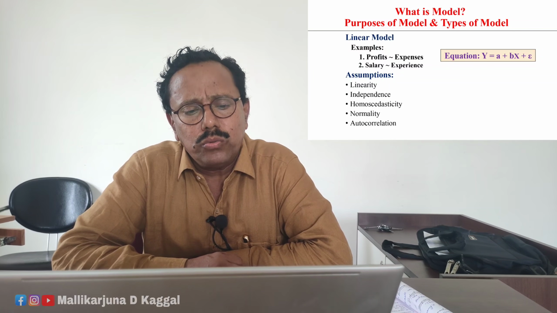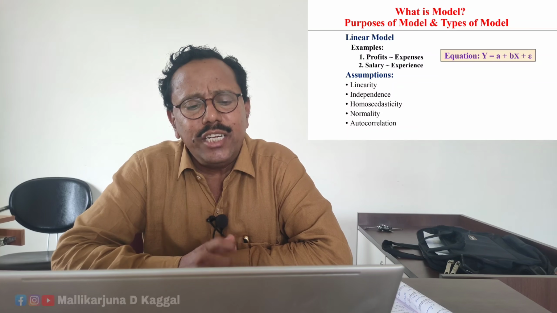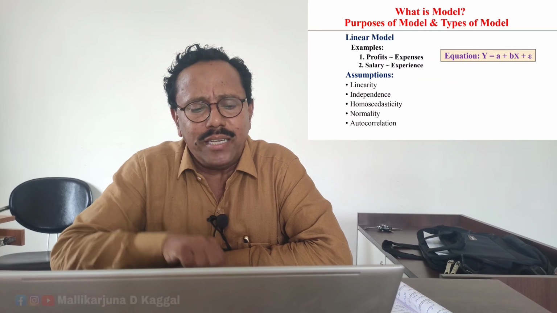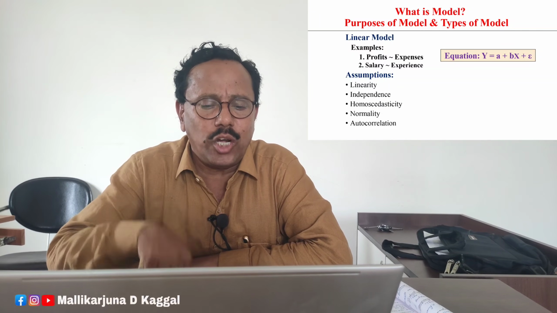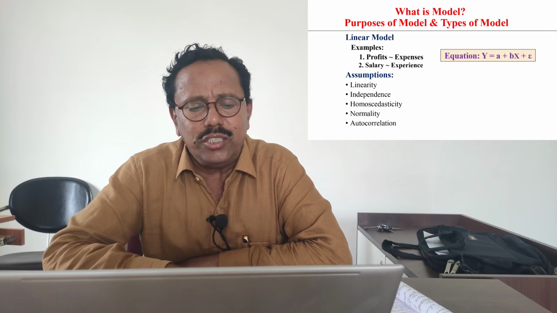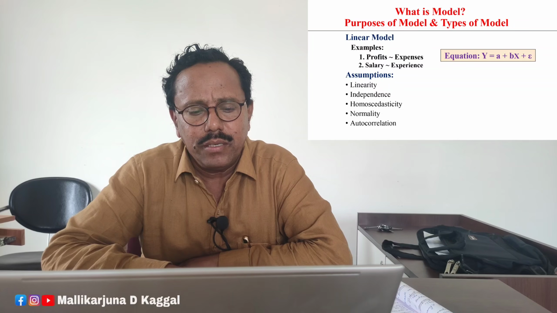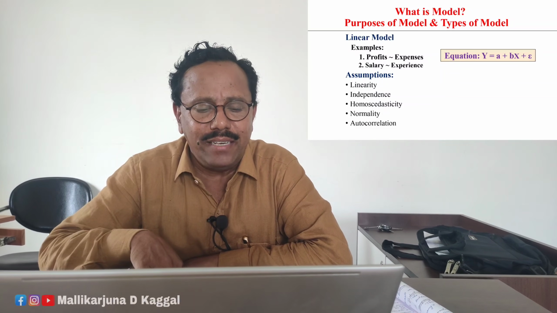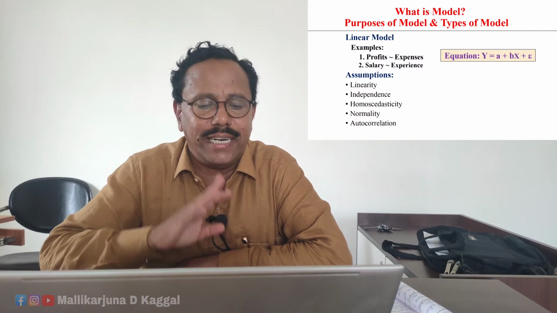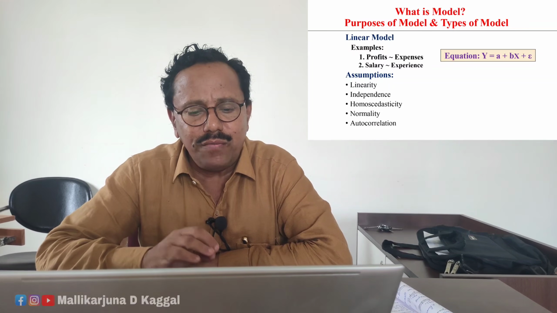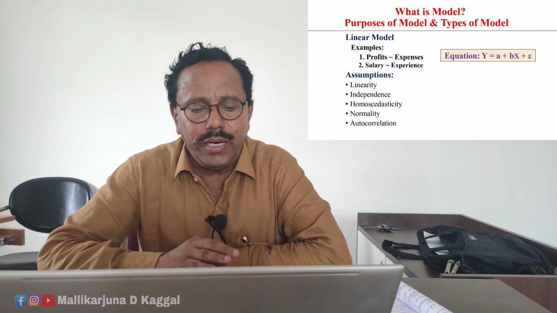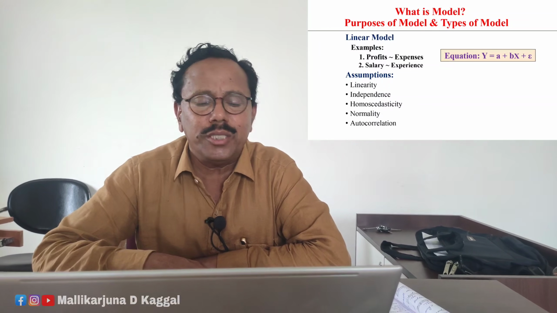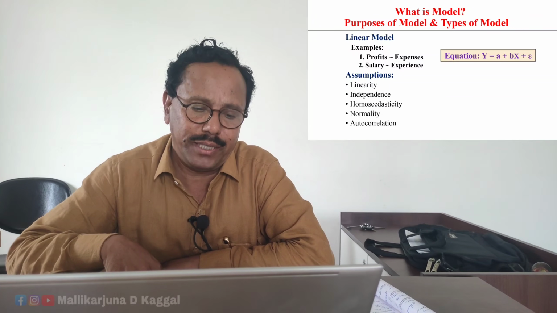Now, in order to test whether your data is linear or non-linear, your null hypothesis is linear, your alternative hypothesis is non-linear. To test homoscedasticity, your null hypothesis is homoscedasticity, your alternative hypothesis is heteroscedasticity. In case of the normality test, your null hypothesis is that your data is normally distributed, your alternative hypothesis is not normally distributed.